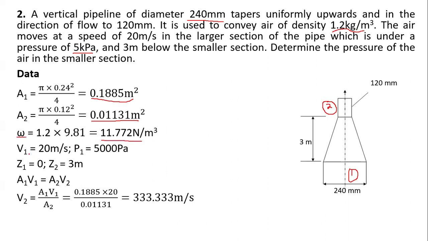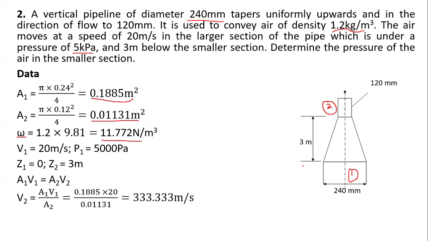Then let's pick up the velocity. We've been told that the velocity in the bigger section, the velocity in section 1, the larger section, has been provided as 20 meters per second. So that's why we're saying our V1 is 20 meters per second. At the same time, we were also told that the pressure is 5 kilopascals, which is 5,000 pascals.